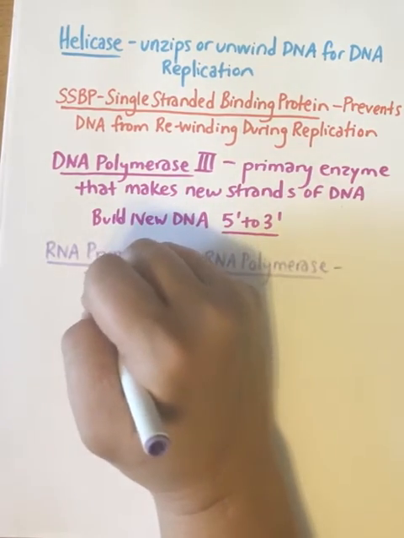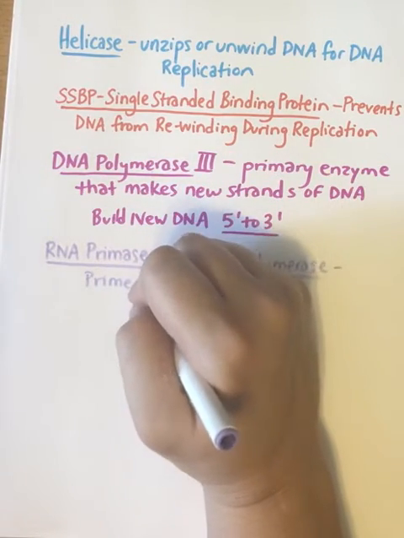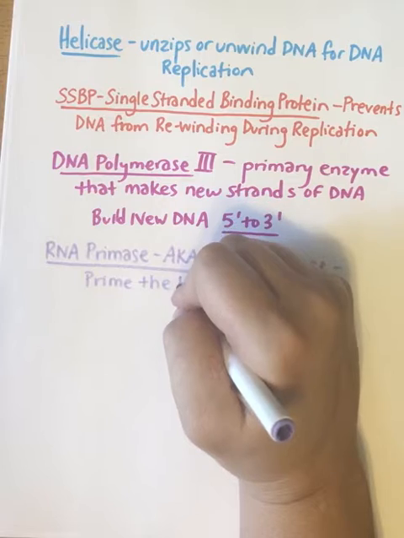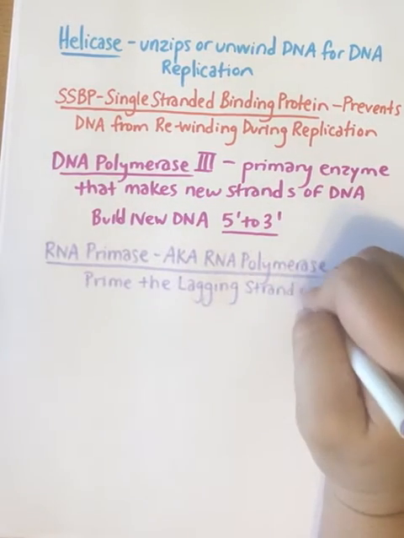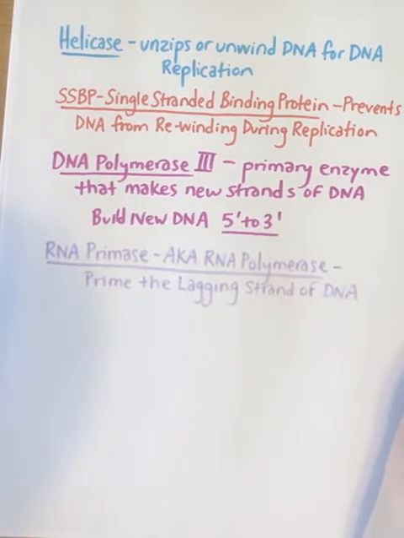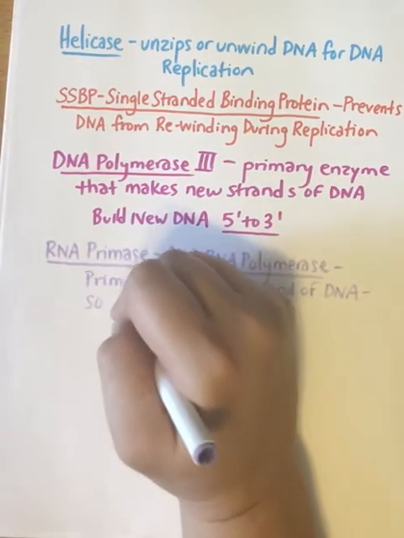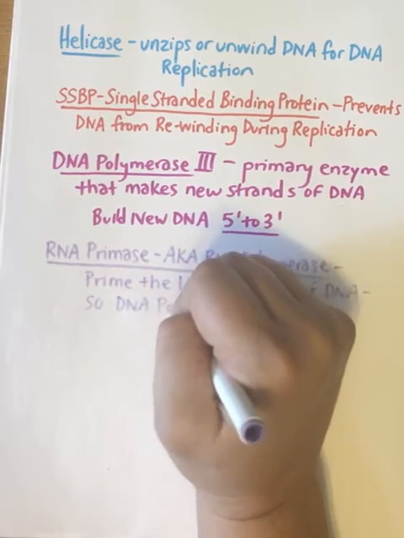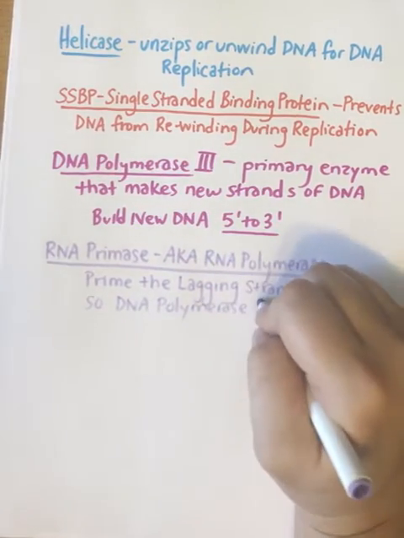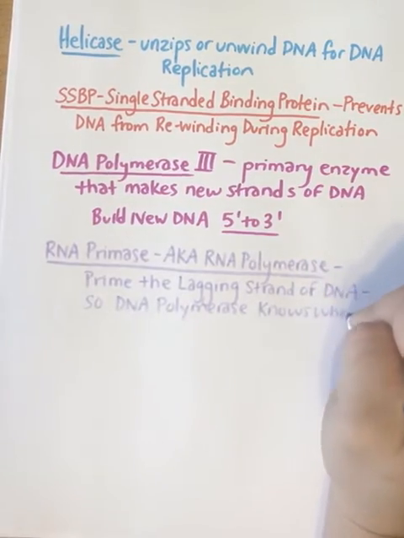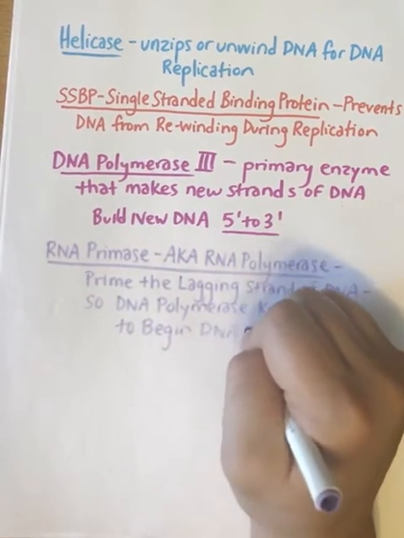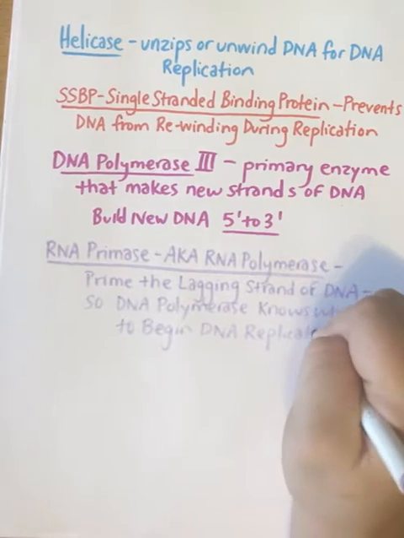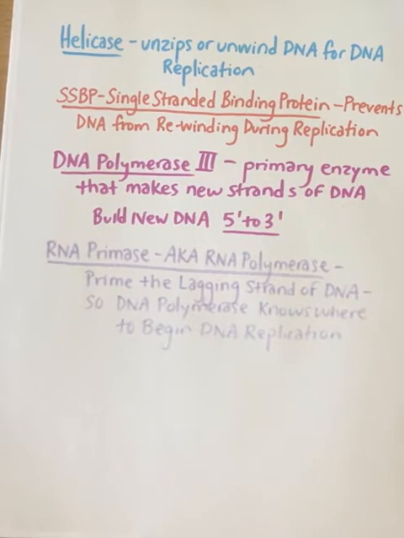It is going to prime the lagging strand of DNA so DNA polymerase knows where to begin DNA replication on the opposite side. You always do the left side first.